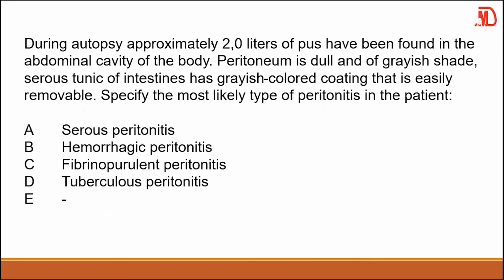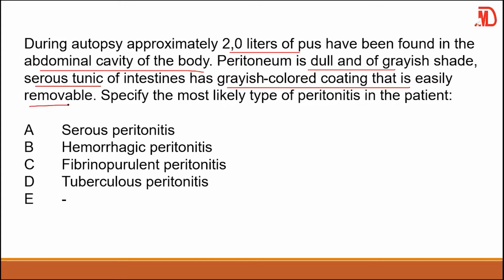During autopsy, approximately 2 liters of pus have been found in the abdominal cavity of the body. So there's pus formation found in the abdominal cavity. Peritoneum is dull and of grayish shade. Serous tunic of the intestine has a grayish colored coating that is easily removable.